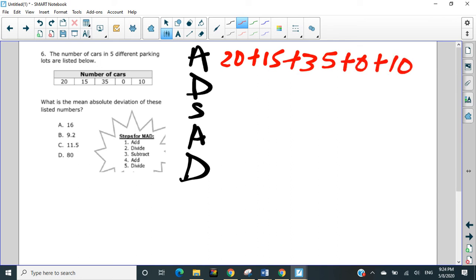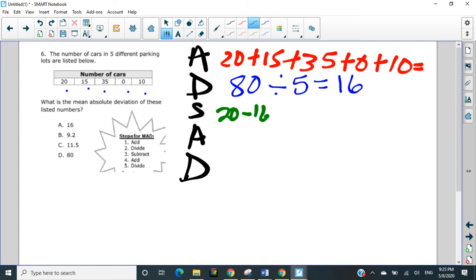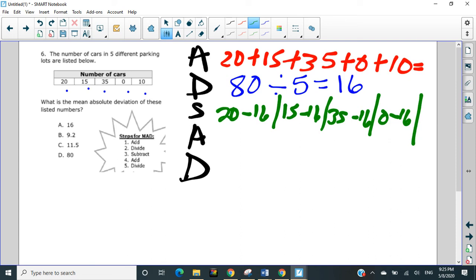Okay, so total will be equal to 80. 80 divided by 5, and it equals 16. So now we're going to do 20 minus 16, 15 minus 16, 35 minus 16, 0 minus 16, and 10 minus 16.